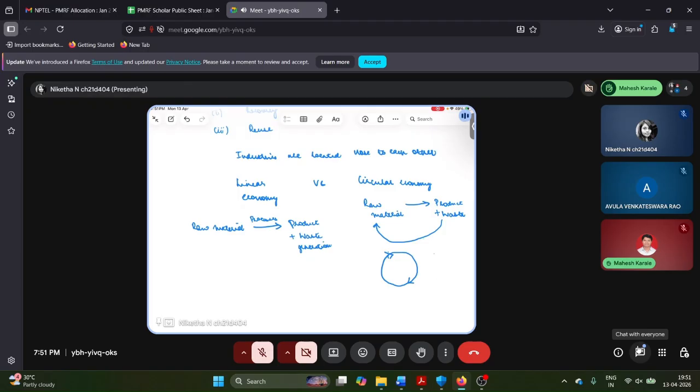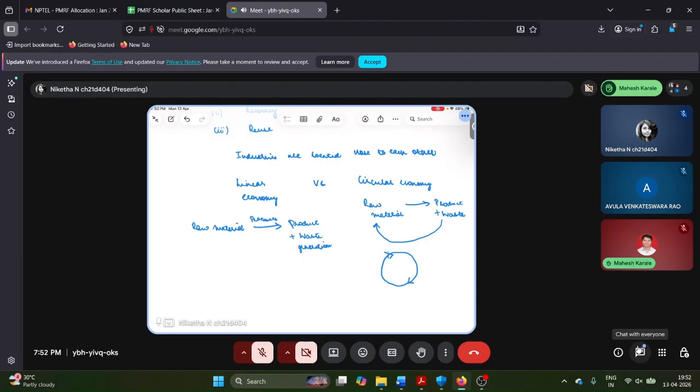So this creates a cyclic process. So that is your circular economy. So unlike a linear economy, which just goes in one direction, where the waste that is generated is just there, in a circular economy the waste is reused and it doesn't reach the end of the line.